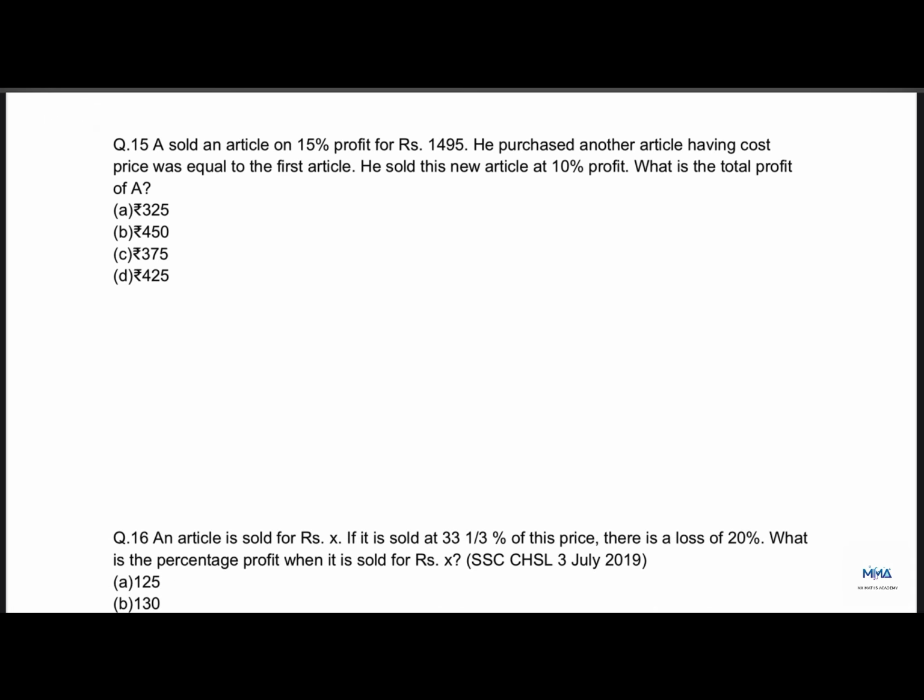He sold an article on 15% profit for 14.95. He purchased another article having cost price equal to the first article. He sold this article at 10% profit. What is the total profit of A? So if he sold this at 15%, this is equal to 23 units. 3 is 8 30.